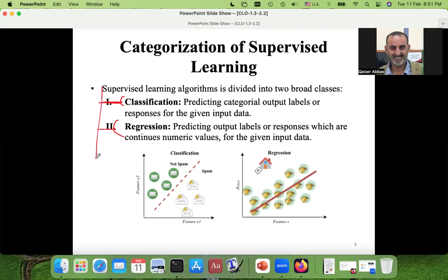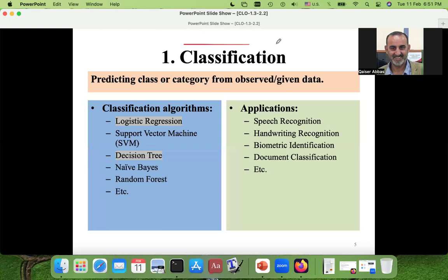These things we already saw, so I am just taking a reference of that and moving towards the actual topic. So what is classification? We know that classification is something in which we have to predict the class or the category. Like you have seen many different data sets in our previous practice.